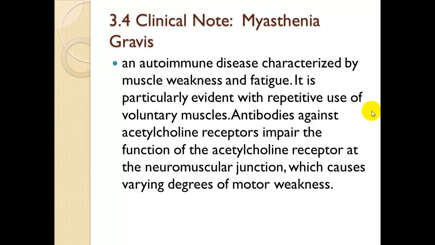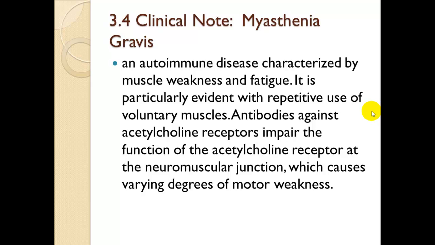Clinical note, myasthenia gravis, and this is going to be a recurring disease that you hear in anything that would adjust the parasympathetic nervous system. Myasthenia gravis is an autoimmune disease characterized by muscle weakness and fatigue. It is particularly evident with repetitive use of voluntary muscles.